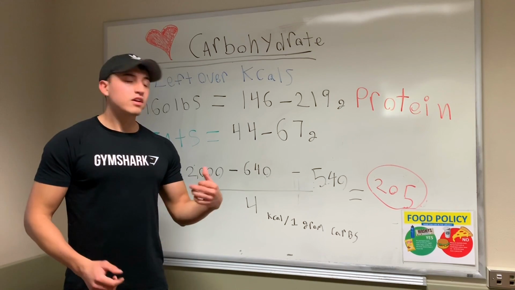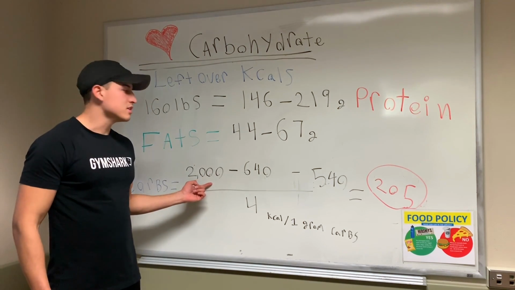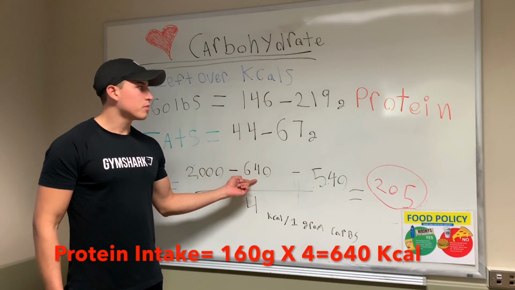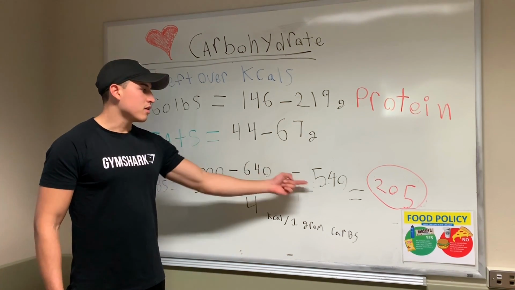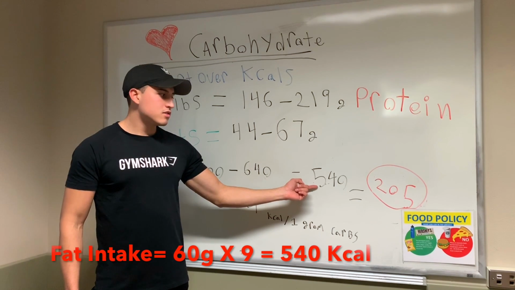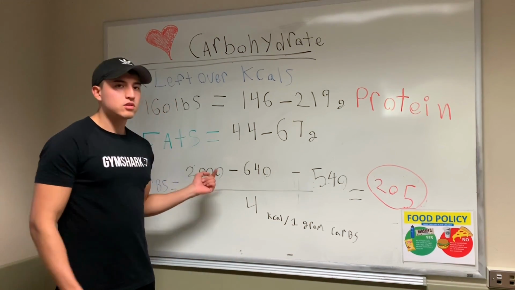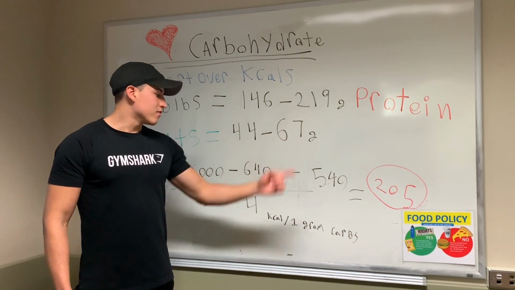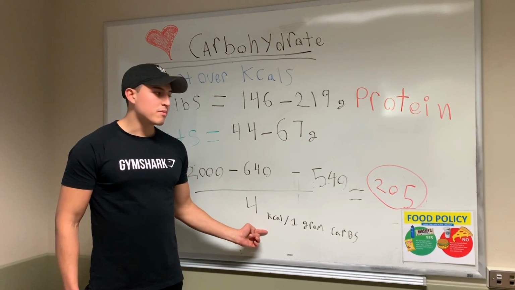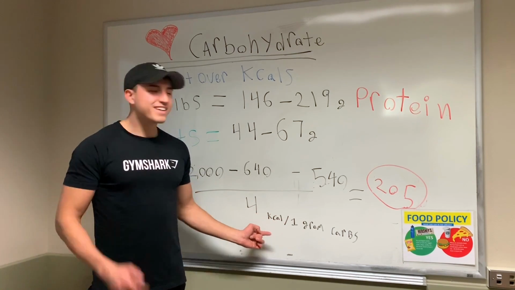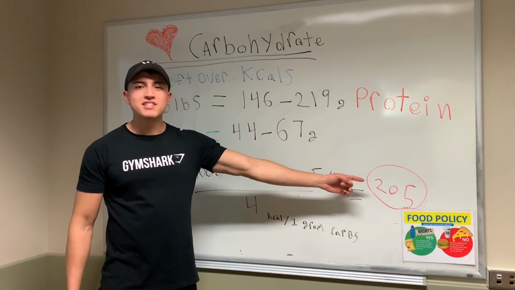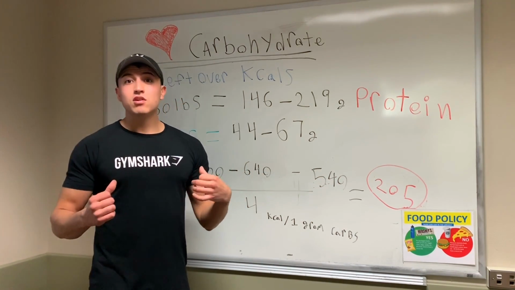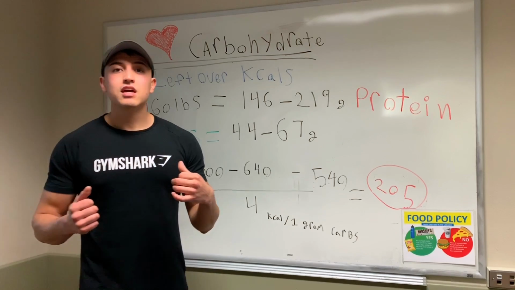After converting our protein to calories and our fat intake to calories, we subtract: 2,000 minus 640 minus 540, divided by 4 calories per 1 gram of carbs, and our total carb intake is going to be 205 grams of carbs.